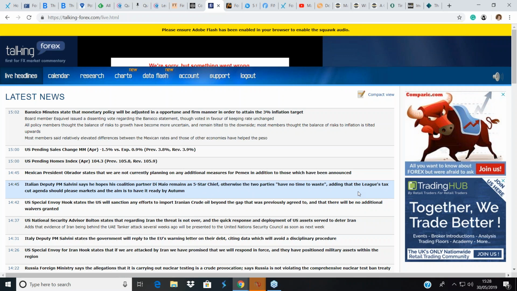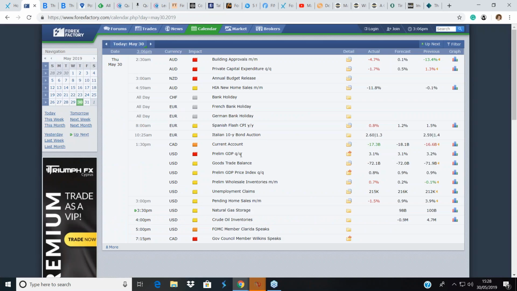Now, what's also interesting is all the news is out. We've had the preliminary GDP, which didn't actually generate as much volatility as we had expected. It was a reasonable number, as expected, which is probably why. But since then we've had the pending home sales, which you can see here have come in much lower than expected, much lower than previous, and below expectation, which tells us that the housing market is also slowing.